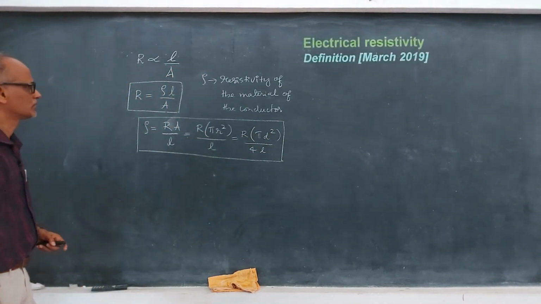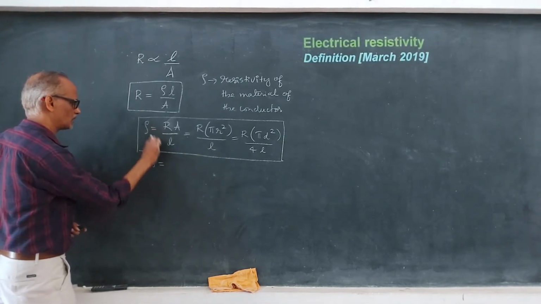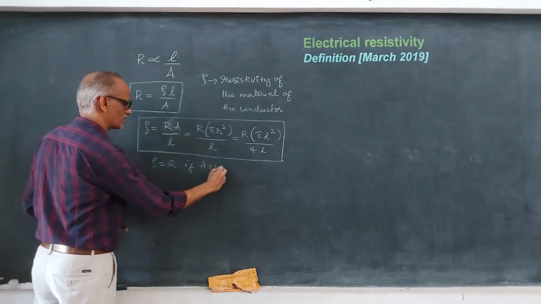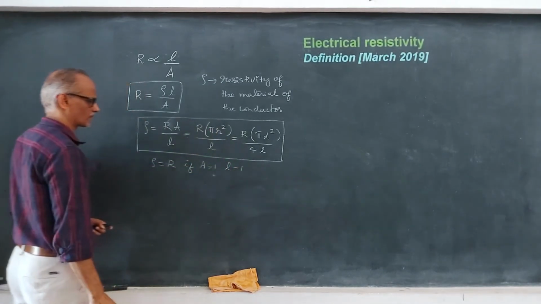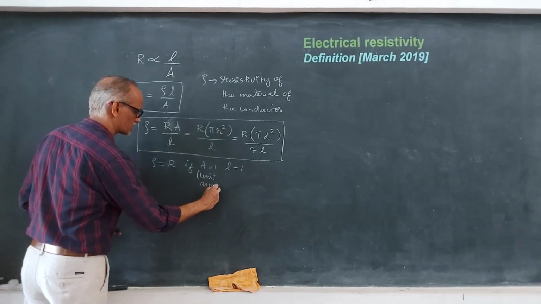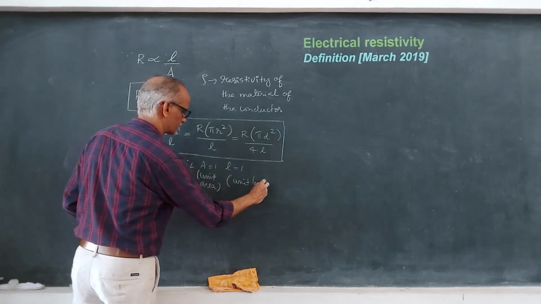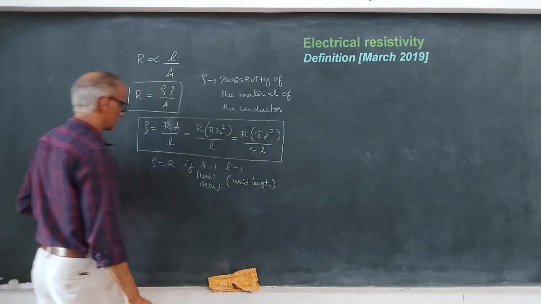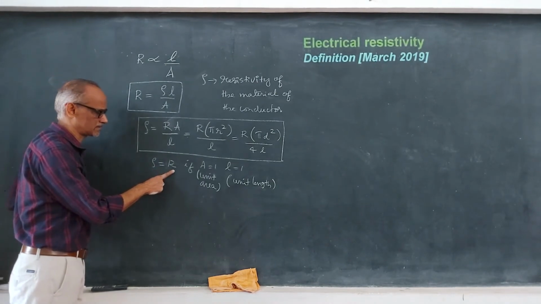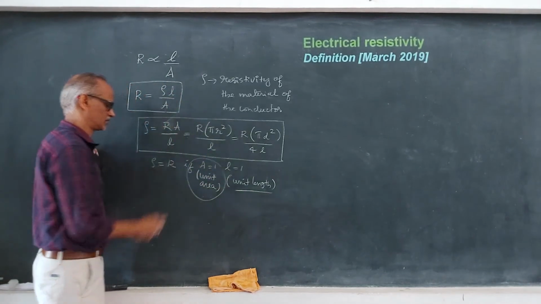Now, what is the definition of resistivity? See, rho is equal to R if A is 1 and L is 1, that is, unit area of cross section and unit length. So the resistivity of the material of a conductor is equal to the resistance of a conductor of unit length and unit area of cross section.